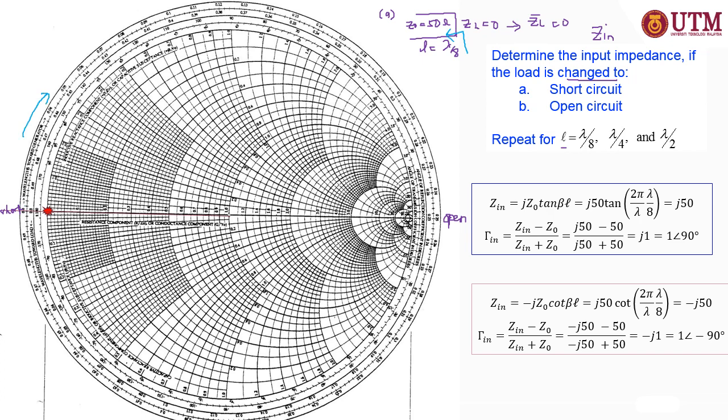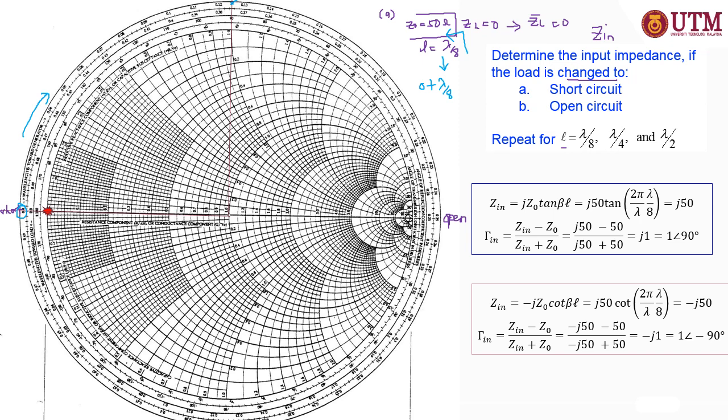So the value now is 0. If it is lambda over 8, it is equal to 0 plus lambda over 8, 0.125. So you'll get there 0.25.